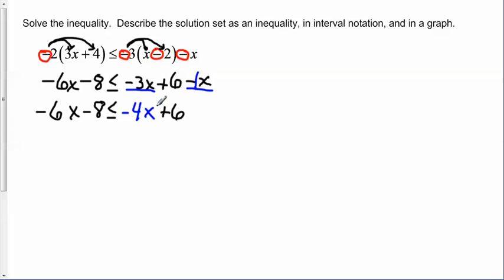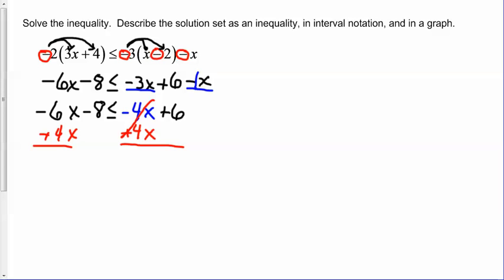And so now we're going to go ahead and start bringing the x terms together on the left side and the constants to the right side. So remember, we like to have the x on the left side since that's where we want it in our final inequality. So we're going to add 4x to both sides to clear that 4x from the right side of the inequality. Remember what you do to one side, you have to do to the other side to keep this in balance.